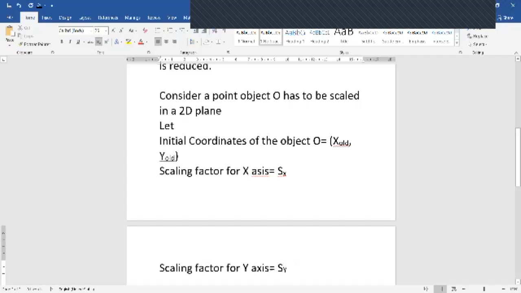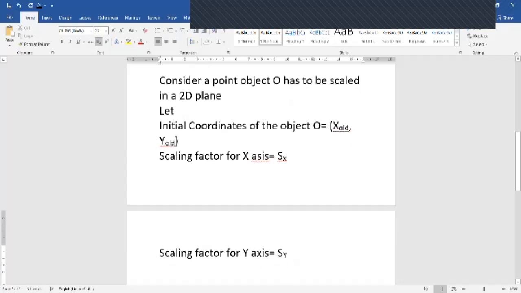Now these are the things. The scaling factor is given, all coordinates are given. So after applying the scaling factor, we will obtain the new coordinate values.